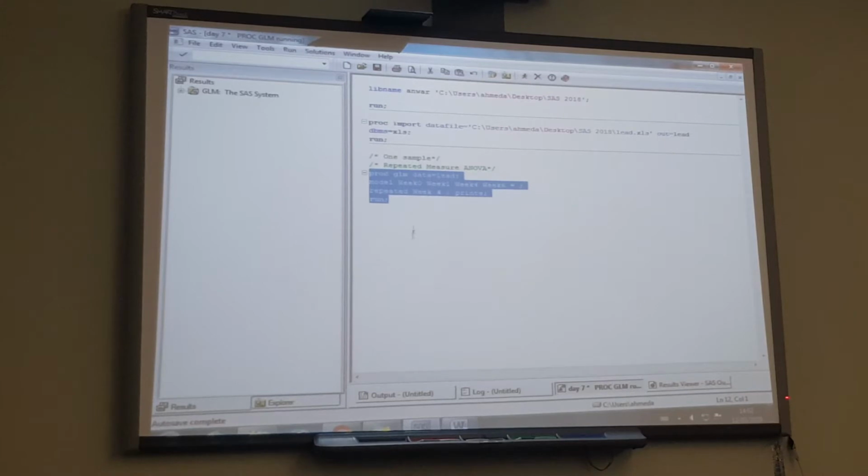So this is one. Now we go to the multivariate approach. In the multivariate approach, what do you think we need to add? Just treatment. Instead of equal nothing, equal treatment.